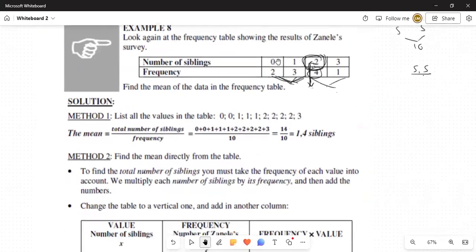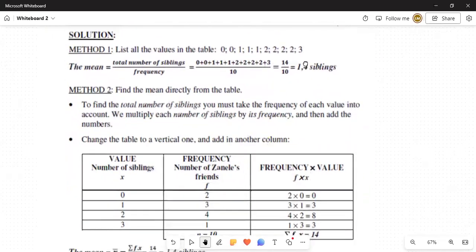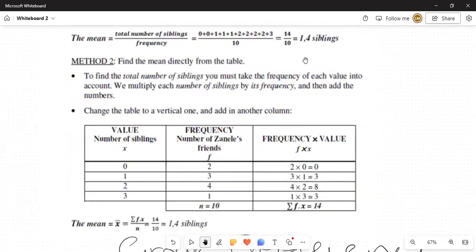So 0 shows up twice, 1 shows up 3 times, 2 shows up 4 times, and there is 3 only once. The total frequency is 10. One sibling, we just write the frequency.